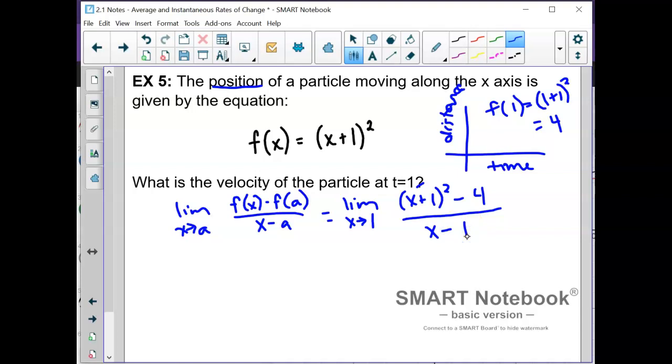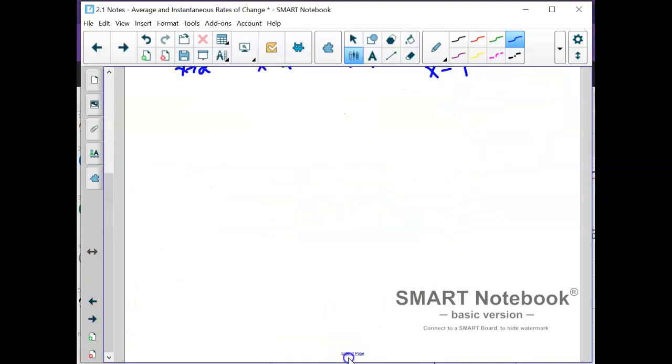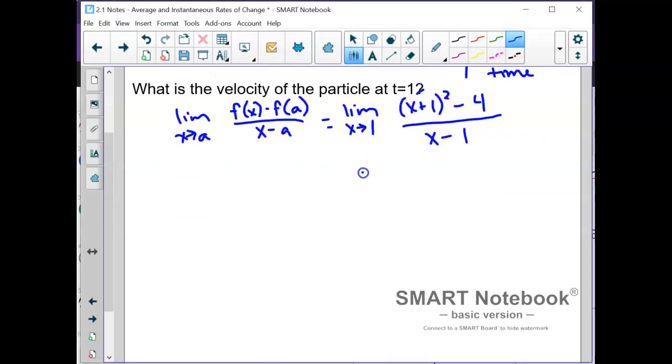So for this one, I need to expand a little bit here. Whenever I expand x plus 1 squared, I can double square there. So that will look like this.